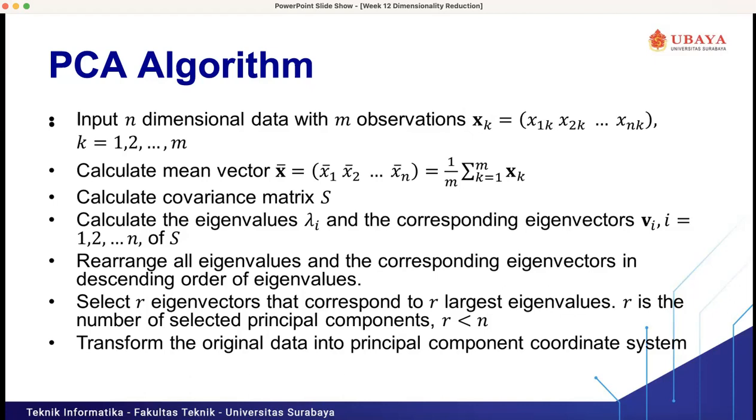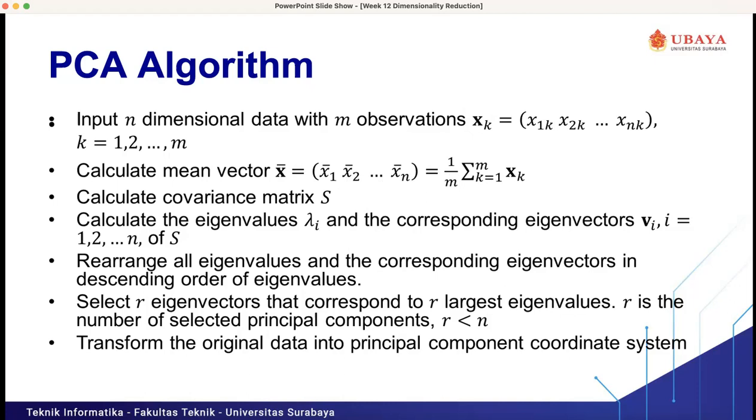Okay, we have now represented the data set. Then the next step is to calculate the mean vector. The mean vector x bar equals x bar 1, x bar 2 until x bar n. So x bar will be the mean value for every feature that we have.